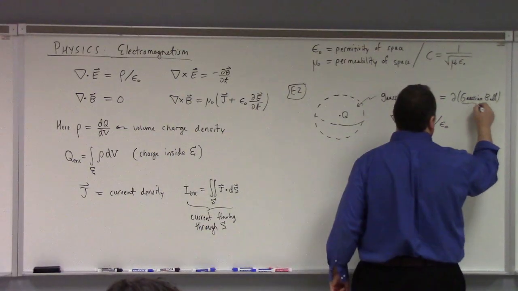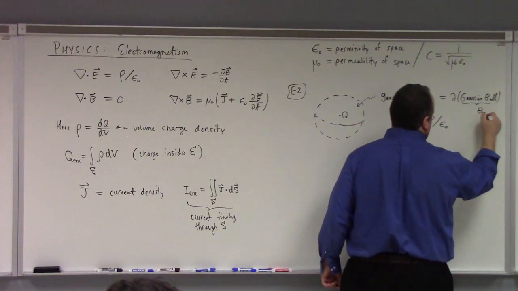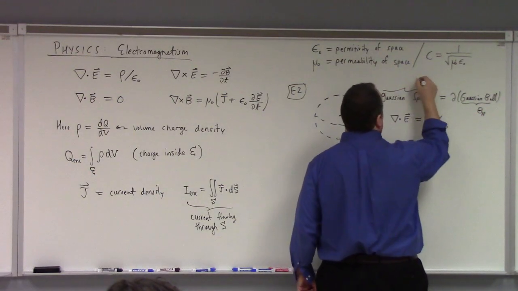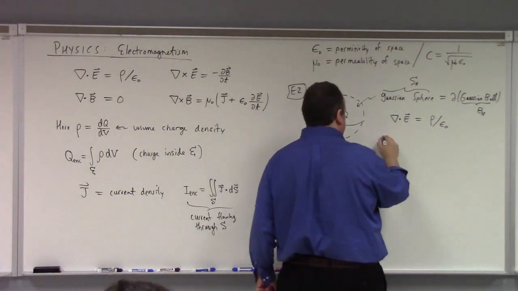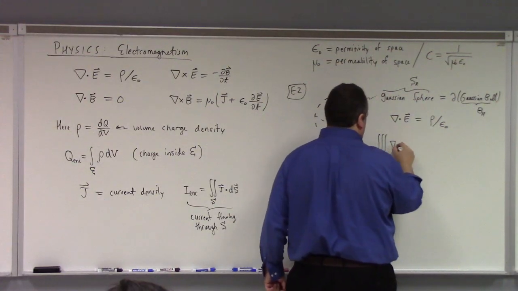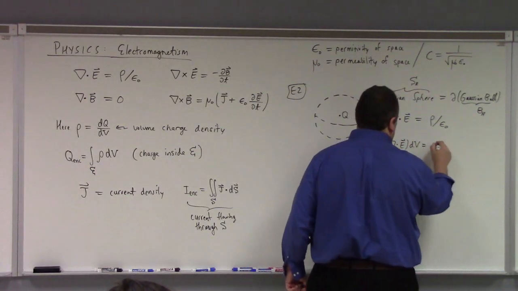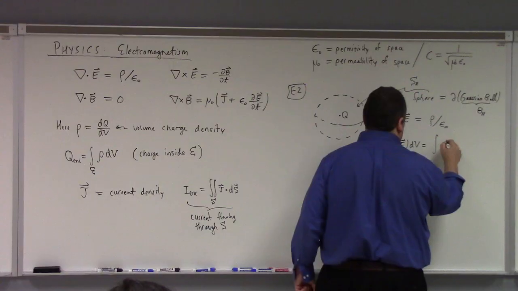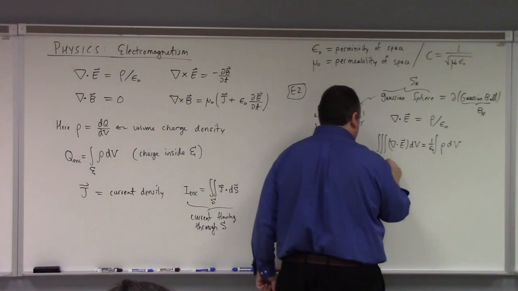Let's call this thing B, and let's call it B sub r. And let's call this thing S sub r, because I just want to think about spheres. So if I integrate the divergence of the electric field over the volume, well, that's equal to, I pull the epsilon naught out, it's constant, rho dV over the ball, all right?